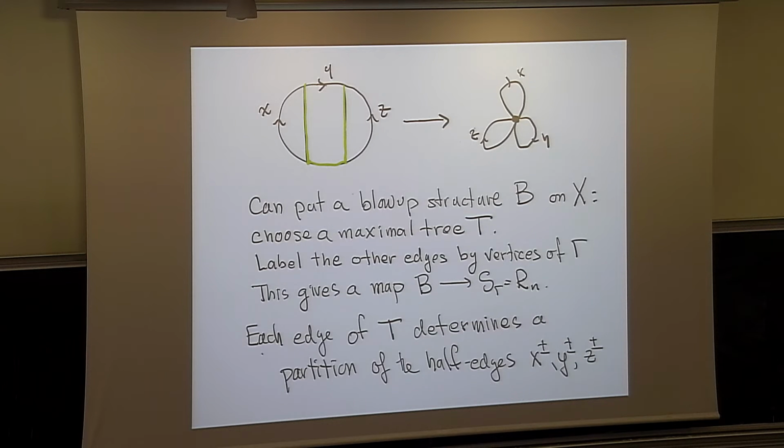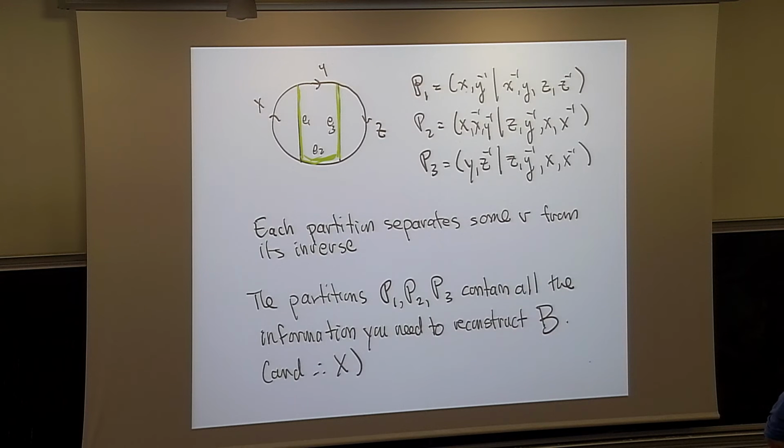But now I want to think of this tree in slightly different terms. I claim that each edge of this tree gives me a partition of the half edges of the other edges. So x, y, and z each have 2 half edges, and I claim that the tree partitions those half edges. Okay, so what's the first partition? Let's take this edge E1.